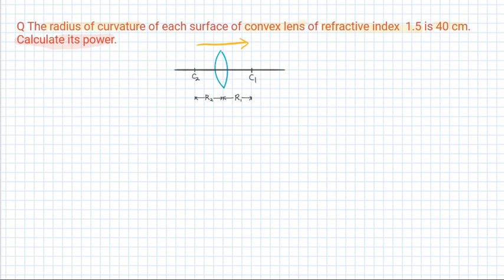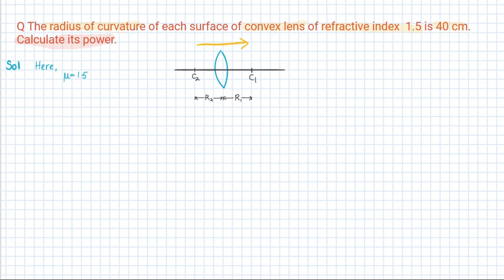So we'll write down the solution. First, what have they given? The refractive index. How much is the refractive index of this convex glass lens? It is 1.5. So I can write the refractive index mu equals 1.5. Apart from this, what is the radius of curvature? 40 in terms of magnitude.